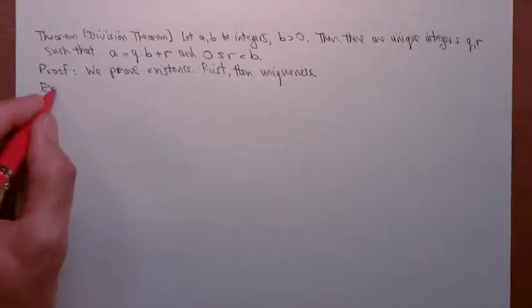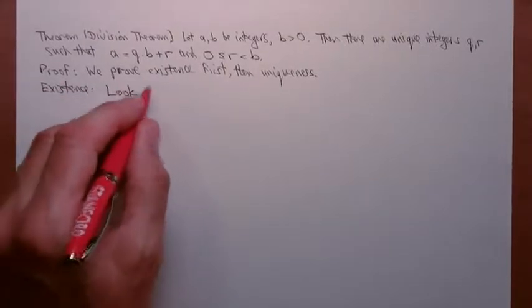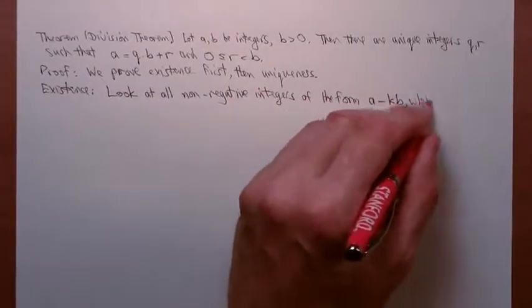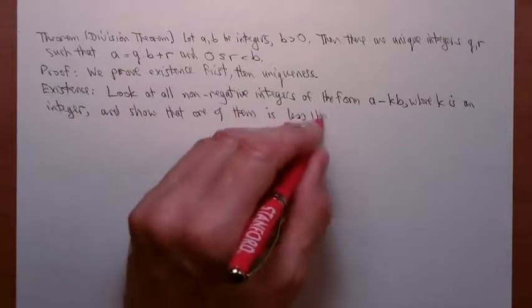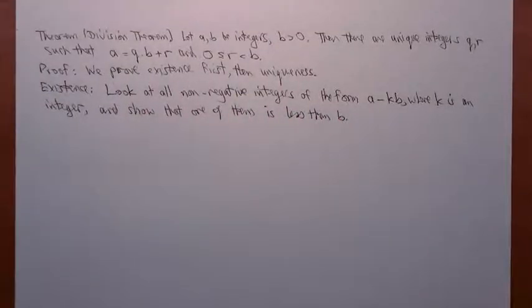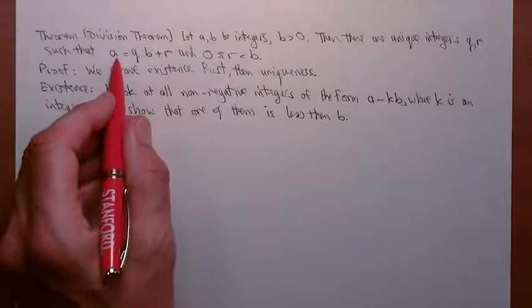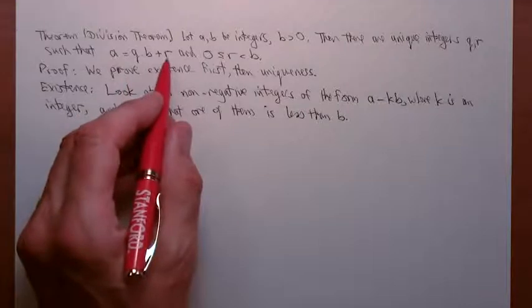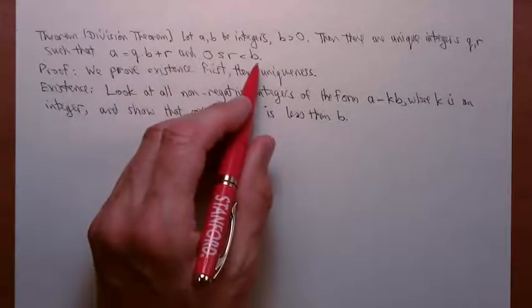Okay, so we're going to handle existence. Well, look at all non-negative integers of the form a minus kb, where k is an integer, and show that one of them is less than b. What the theorem says is that among the integers a minus qb, namely the integers r, there is one with r between 0 and b.